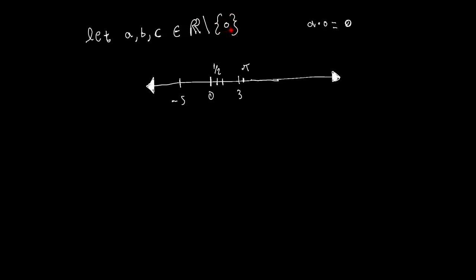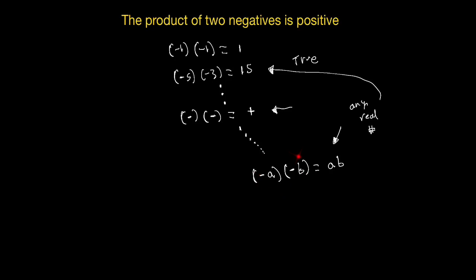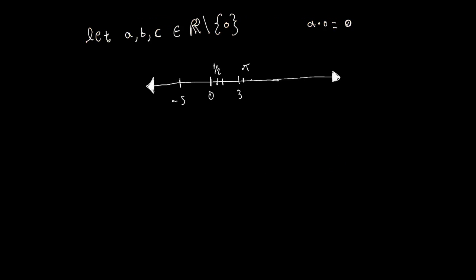Now the reason we don't include 0 is because if you have a real number and if you multiply it by 0, you're always going to get 0. So this number doesn't produce any positive or negative charge, so that's not going to help us with proving that two negatives equal a positive.